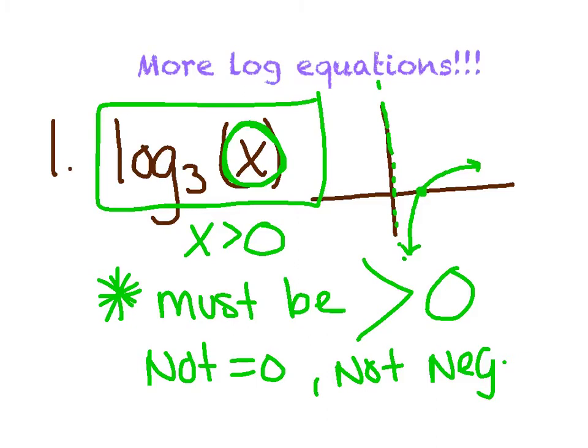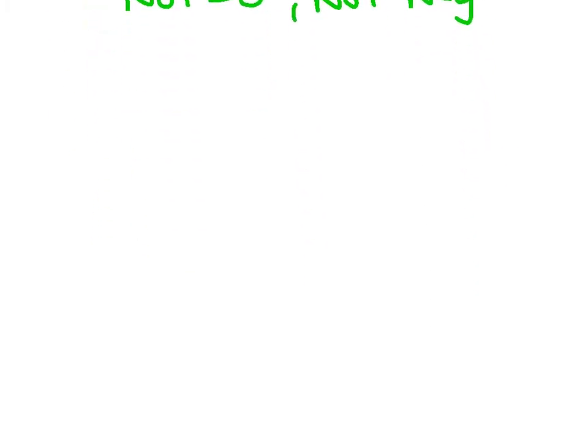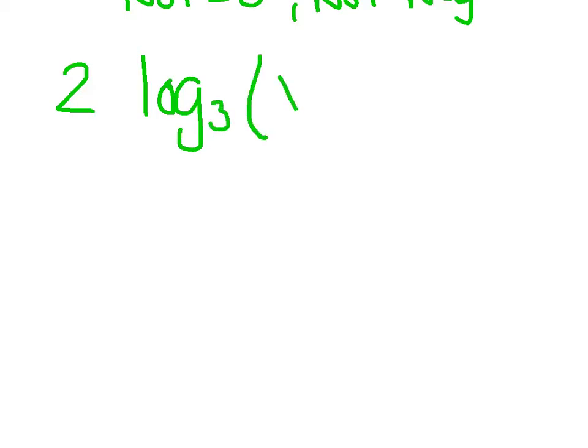Let me show you another example. Number 2: log base 3 of x minus 6. I want you to be able to state the domain without graphing it. You can check graphically, and if you really want on a multiple choice question to go ahead and graph it and state the domain, that's fine.